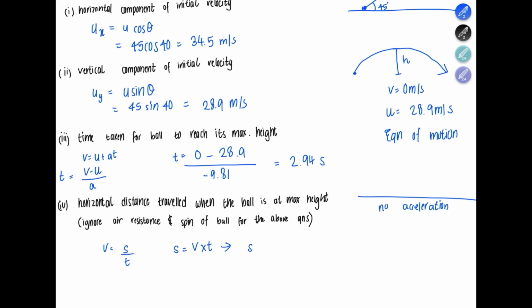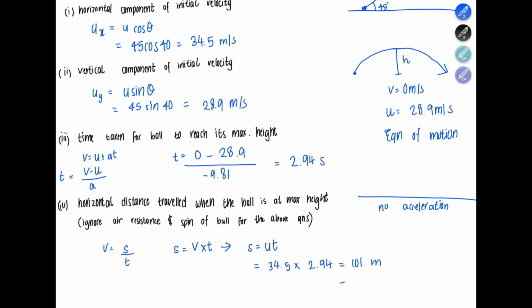I don't think it's going to affect your mark, I believe you'll get it, but just for more clarity, we are using u to show that it's the initial velocity. So displacement is going to be u. Now we have to use the horizontal component because this is the distance traveled in the horizontal direction. So this is going to be 34.5 multiplied by time, which is 2.94. This is going to be 101 meters.